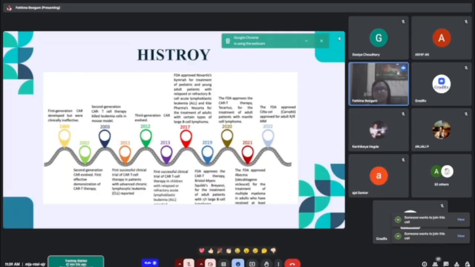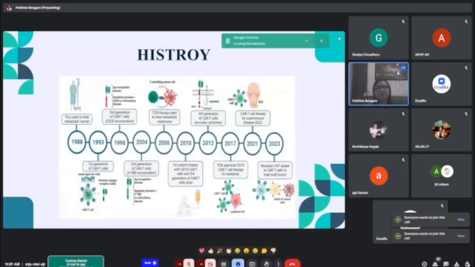In 2022, Carvykti was approved for refractory, relapsed multiple myeloma. In 2023, one mutated c-kit is added to this.